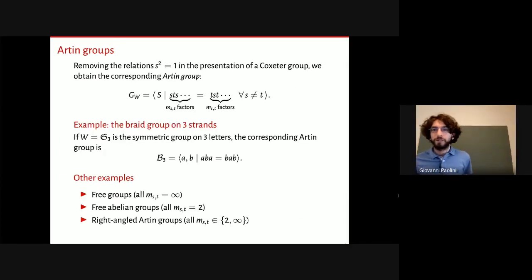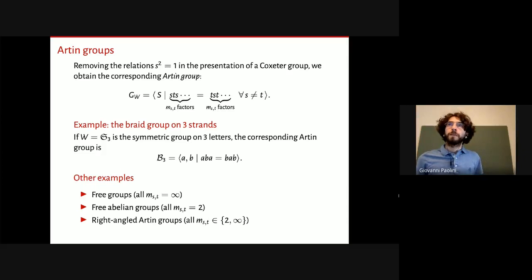And the third family of groups that we are interested in today is Artin groups. Artin groups can be defined in at least 2 different ways, which we are going to see right now. The first way is, again, through a presentation.